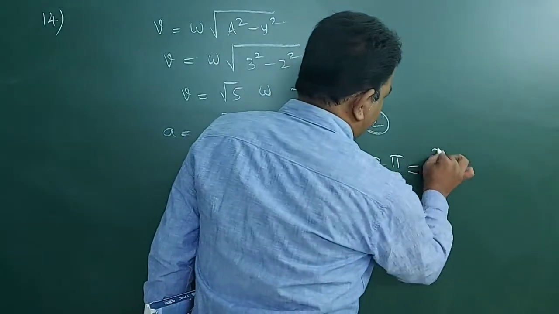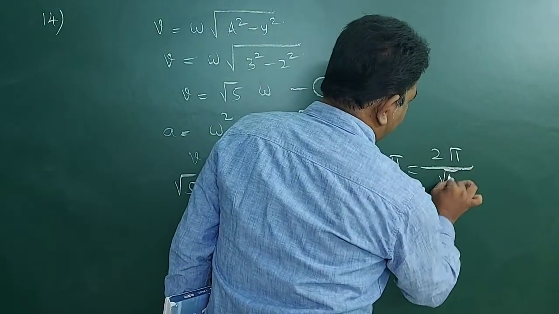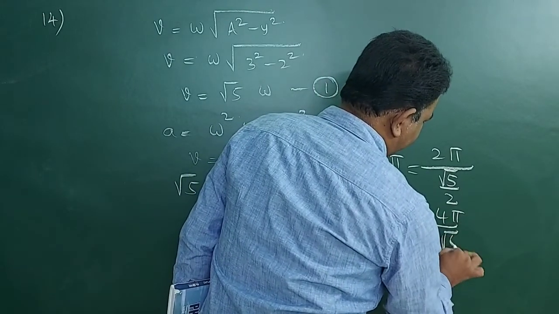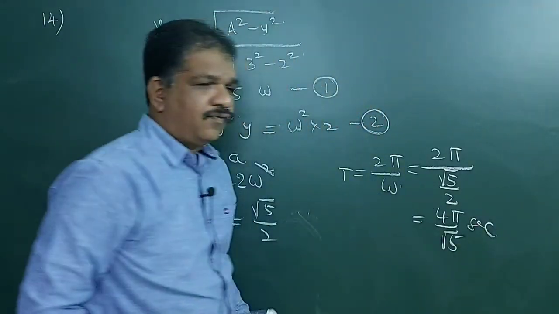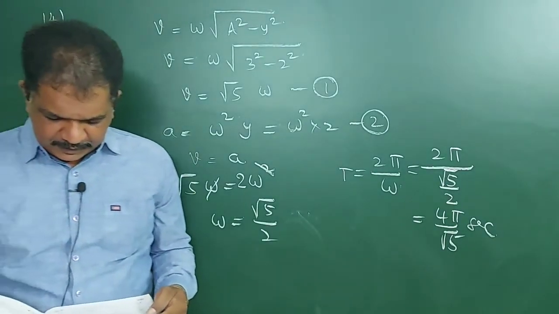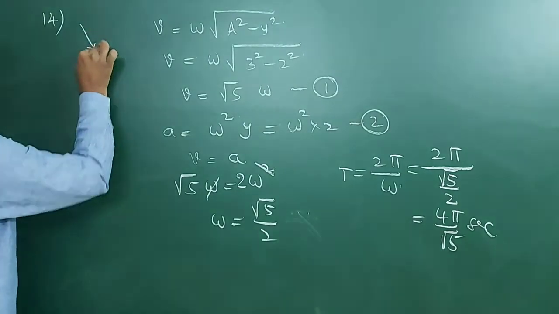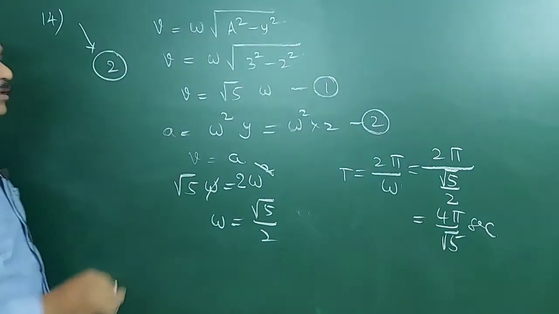So 2 pi by root 5 by 2. This is 4 pi by root 5 seconds. So 14, it will be second option.